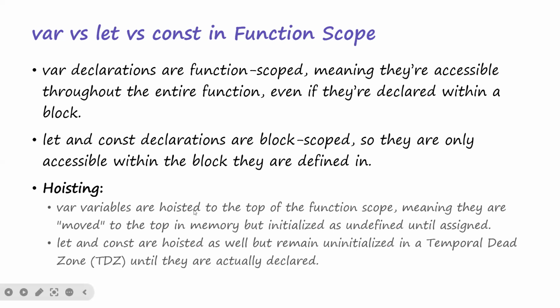Variables are hoisted. var variables are hoisted to the top of the function scope, meaning they are moved to the top in memory, but initialized as undefined until assigned. We have also talked about this in a previous section, but let and constant are hoisted as well, but remain uninitialized, while var variables are hoisted and also initialized as undefined.